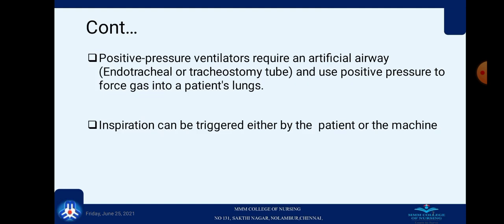Positive pressure ventilators require an artificial airway, endotracheal or tracheostomy tube, and use positive pressure to force gas into the patient's lungs. Inspiration can be triggered either by the patient or the machine.